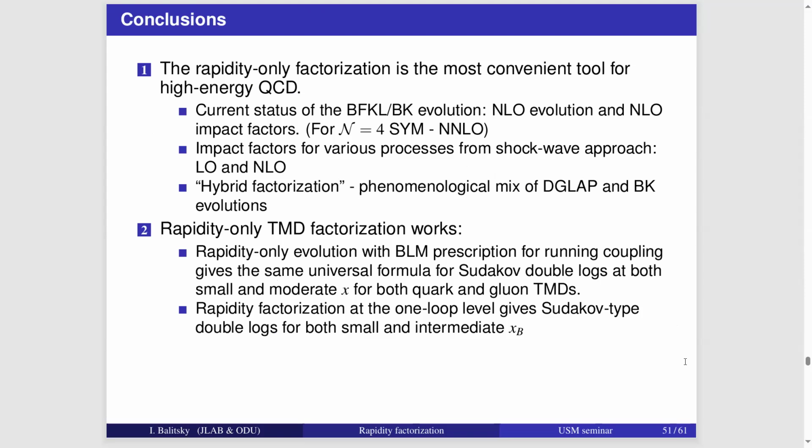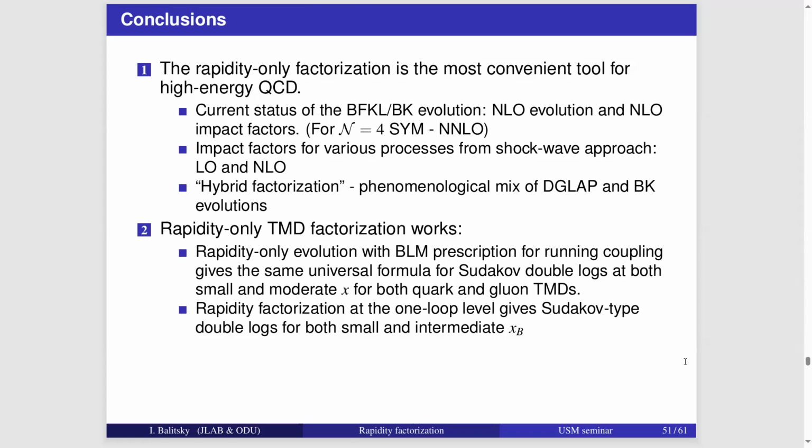By the way, for N equals 4 super Yang-Mills, Simon Caron-Huot calculated, or better said, found a way to get the result from the calculation of non-global logs for N equals 4 super Yang-Mills and conformal symmetry. Still, that gives hope that an analog can be calculated, but we are not there yet.